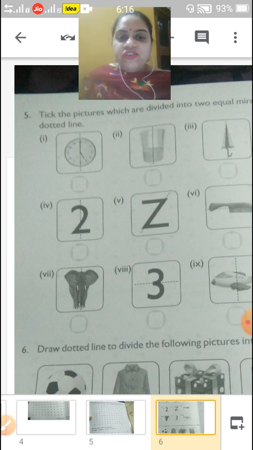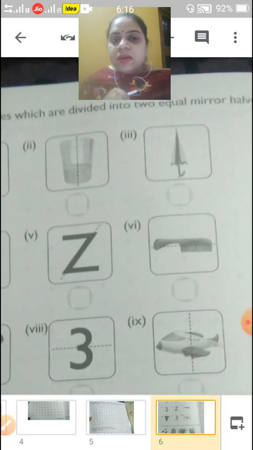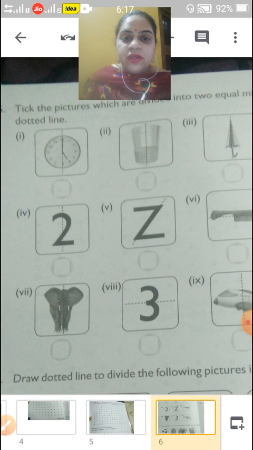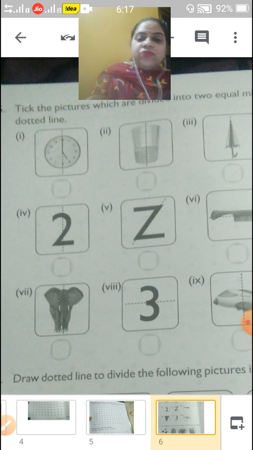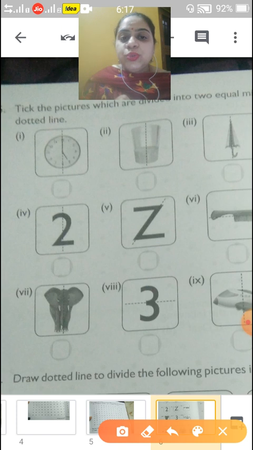Take the pictures which are divided into 2 equal mirror halves by the dotted line. What you have to do? You have to take the picture which is divided into two equal mirror halves.